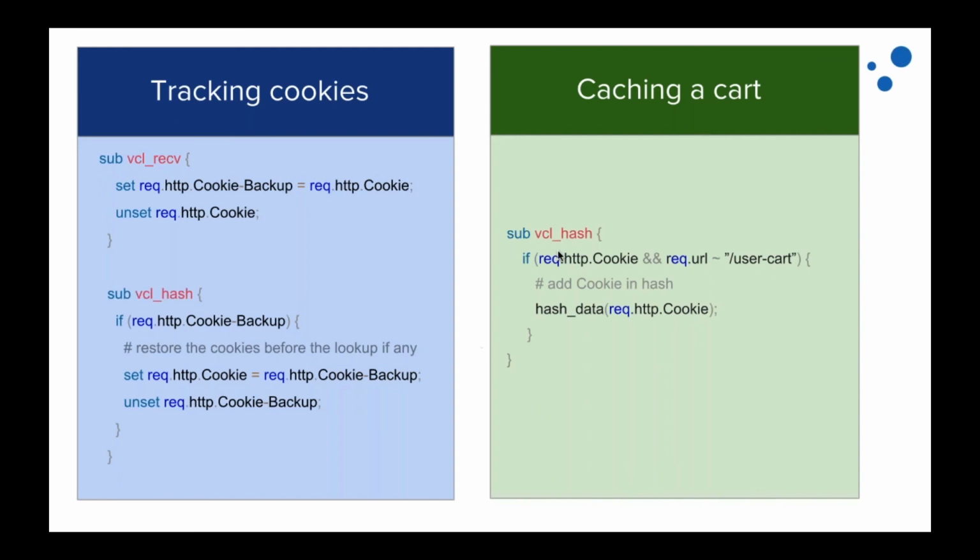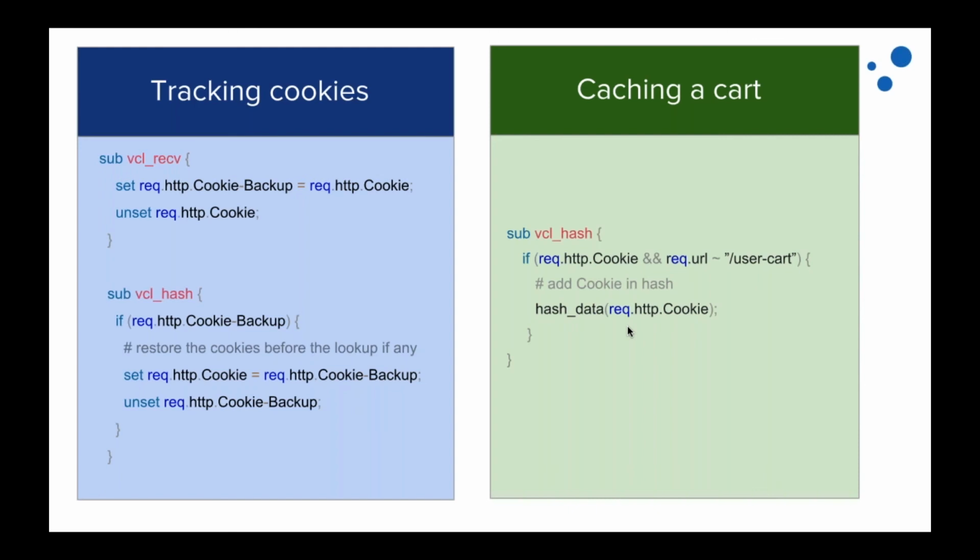While if we want to cache a cart on an e-commerce website, what we have to do, in VCL hash again, is check if we have a cookie header and if the request URL matches, for instance, the user cart. In that specific case, to our hashing scheme, we're going to add the cookie header.